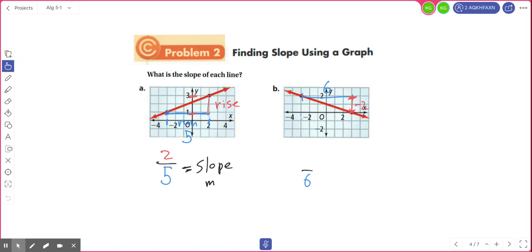So that's why it's important to remember that you're always going to the right, because starting from this point, going to the right and then up or down is going to make sure that you don't get a positive slope when you should be getting a negative slope. This slope is -2 over 6, which is, of course, the same as -1/3. That's our slope.